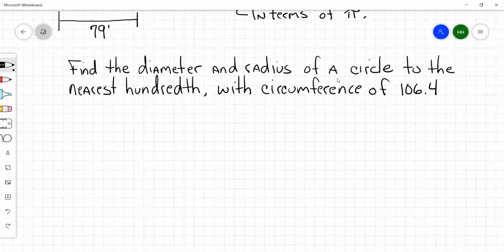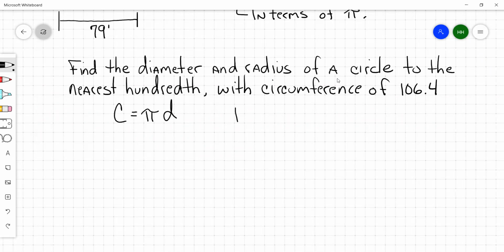All right, so in a case like this, you could use either of the circumference formulas. I'm going to use the circumference equals pi times diameter formula. And then you just substitute. You're told the circumference equals 106.4, so substitute it where the C is in the formula.